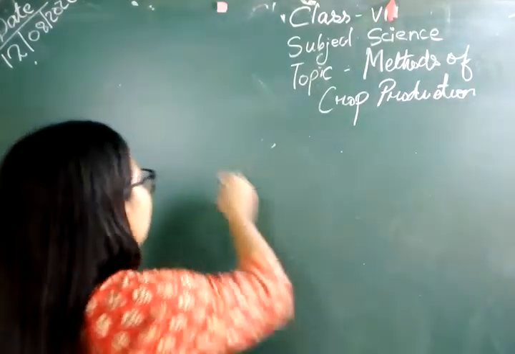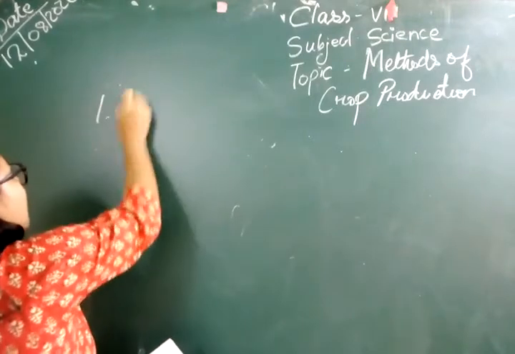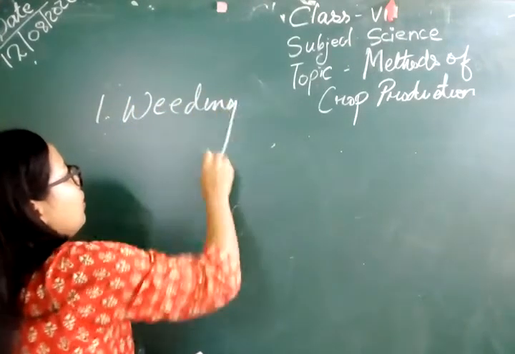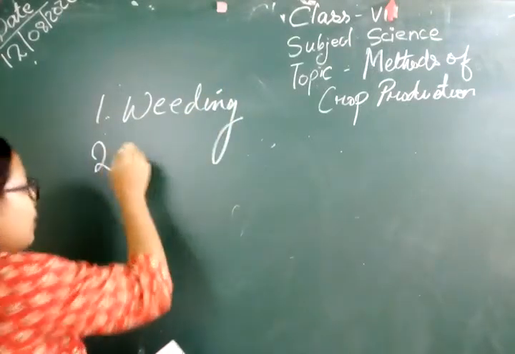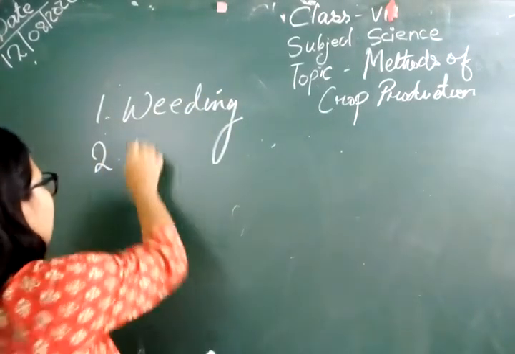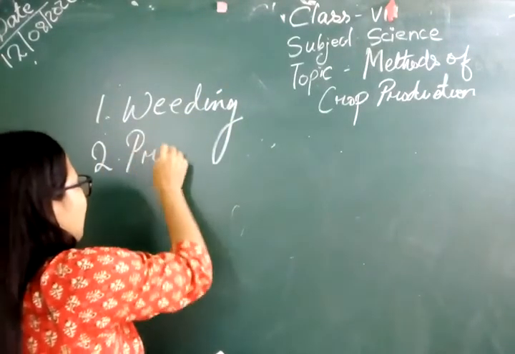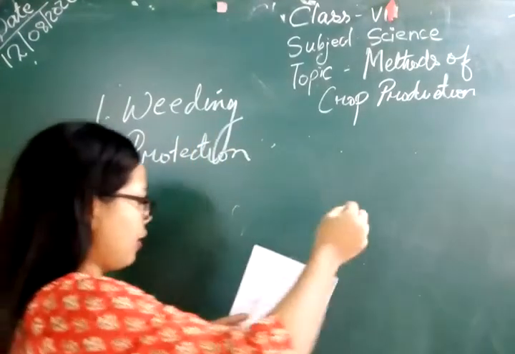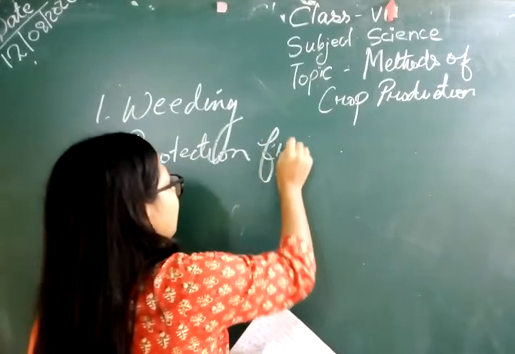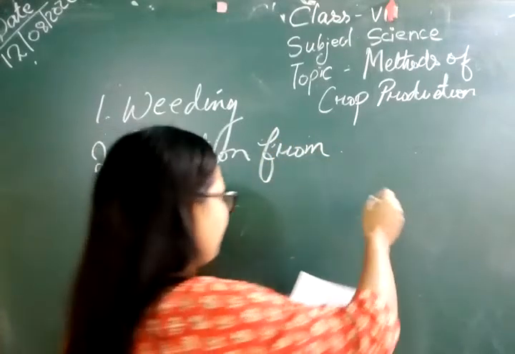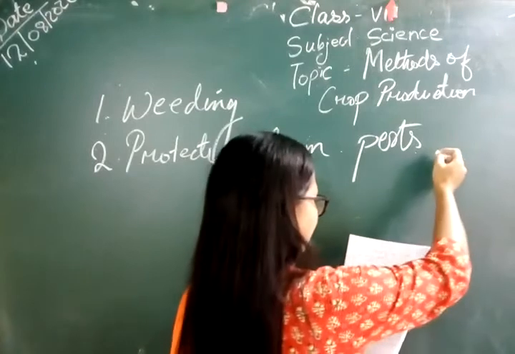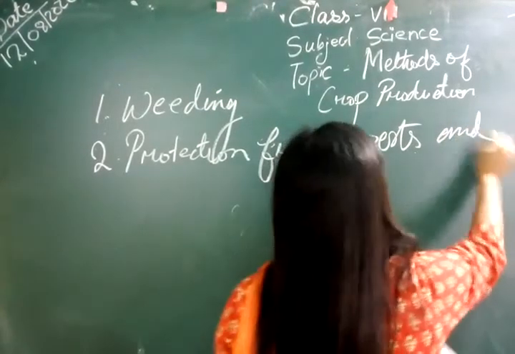They are: one is weeding, and the second one is protection, protection from pests and diseases.